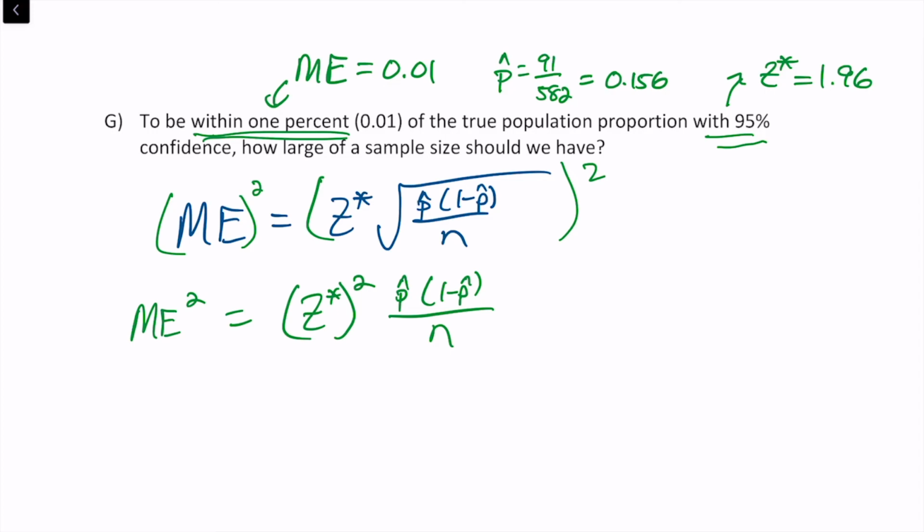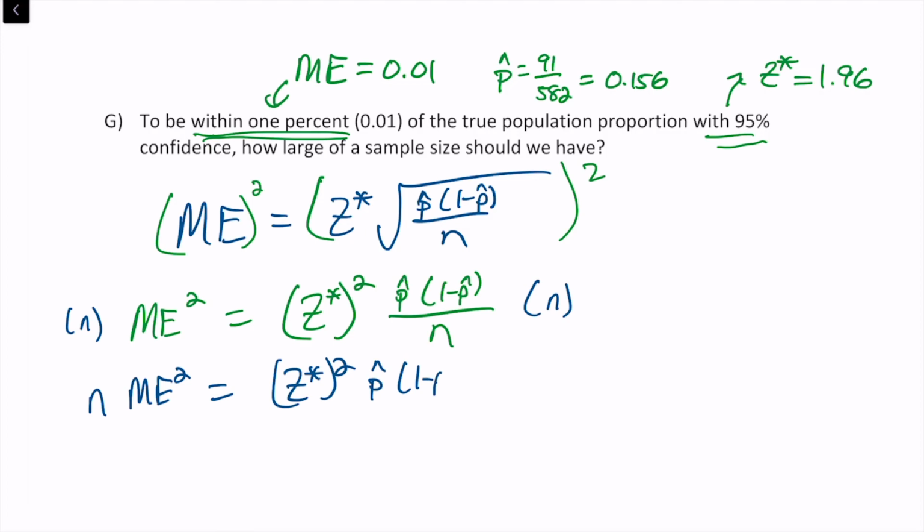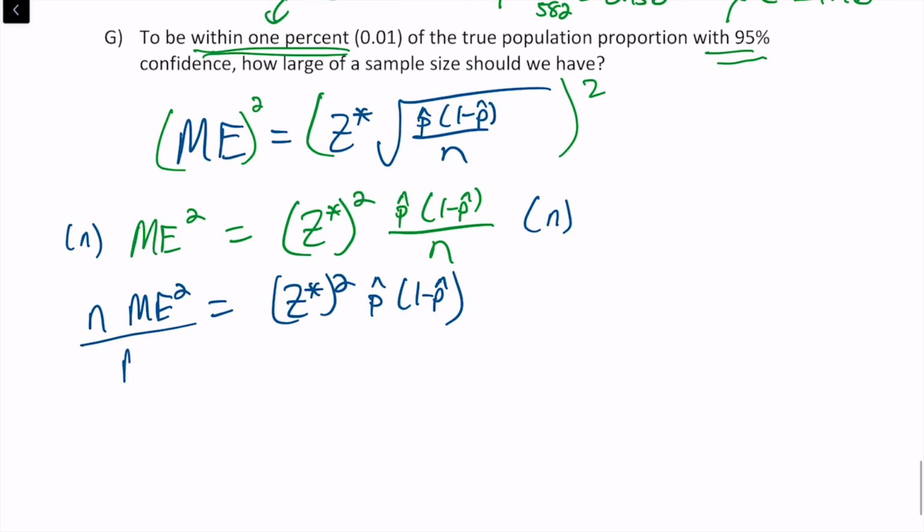Next, I'm going to multiply both sides of the equation by n. So on the left side, we have n times the margin of error squared equals our critical z-score squared times p hat times 1 minus p hat. And the last step is to divide through by the margin of error squared, and that will give us our formula.